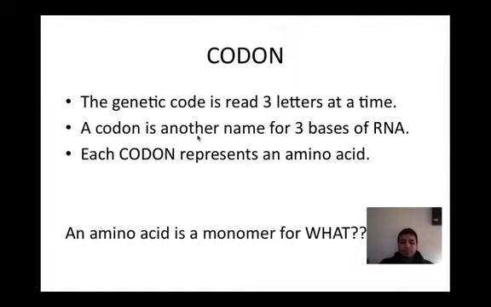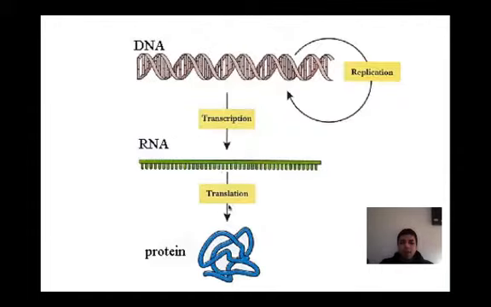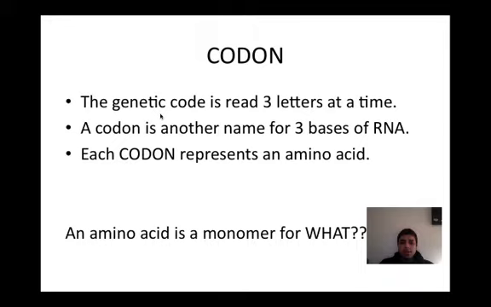Now, the messenger RNA itself then has to be made into the protein. And what was the monomer of a protein? That's right, the monomer of a protein is an amino acid. So in actuality, you're taking that RNA and you are translating it into an amino acid.